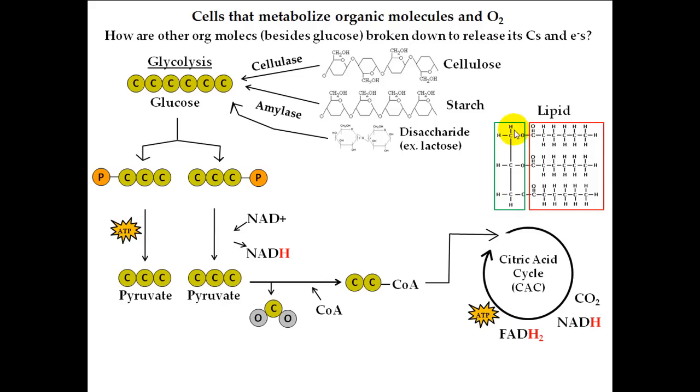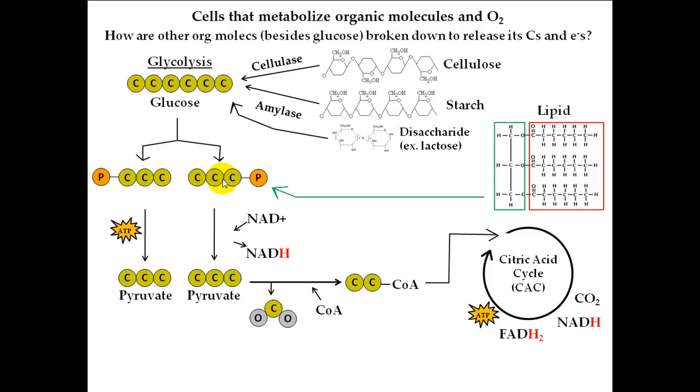This glycerol head that contains 3 carbons can be used to construct this molecule here, 3-phosphoglycerate. That's how lipids are broken down: they can be broken down to release this glycerol molecule, which is used to make this.